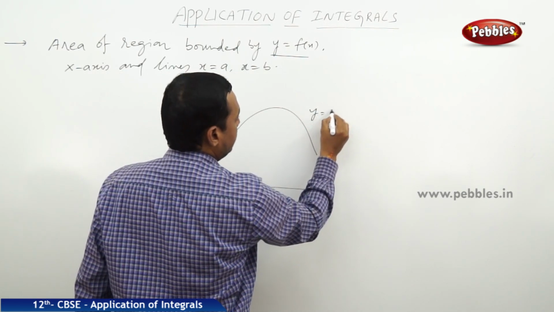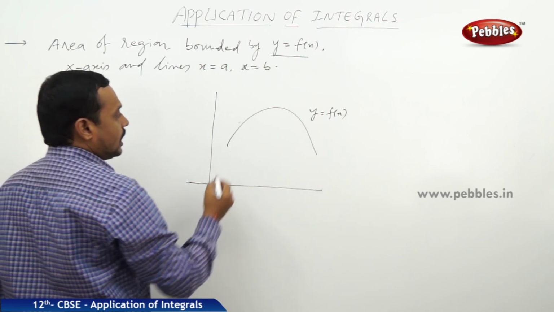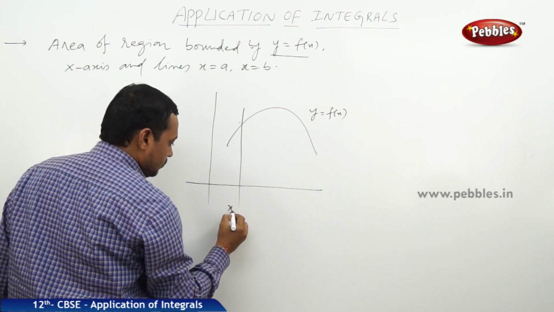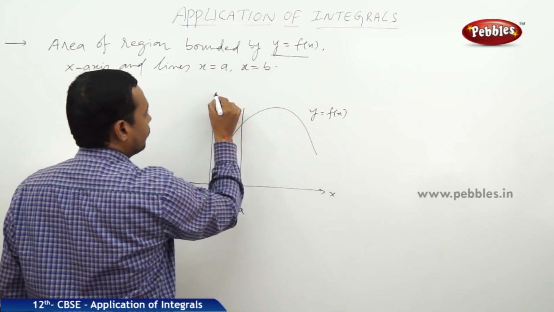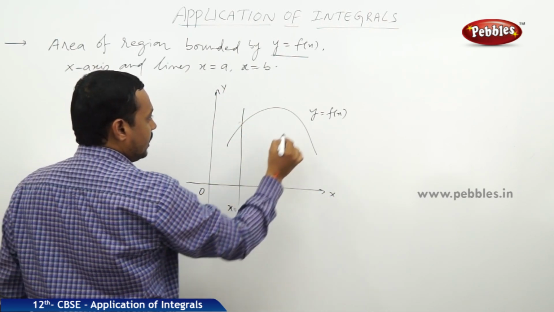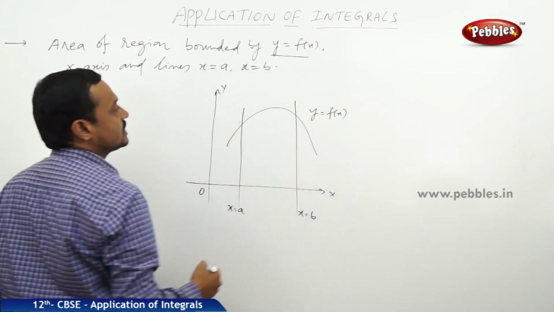Let it be the curve y is equal to f of x, and x is equal to a parallel to the y-axis, and x is equal to b, it is another line parallel to the y-axis.